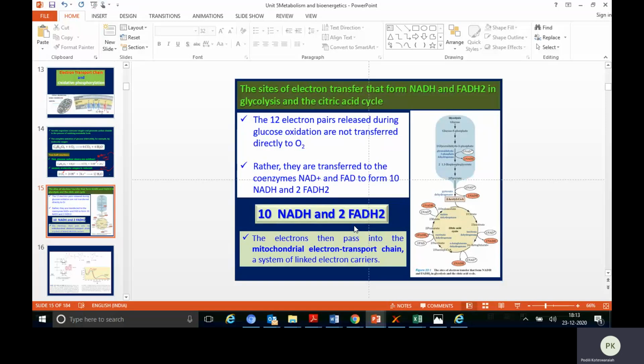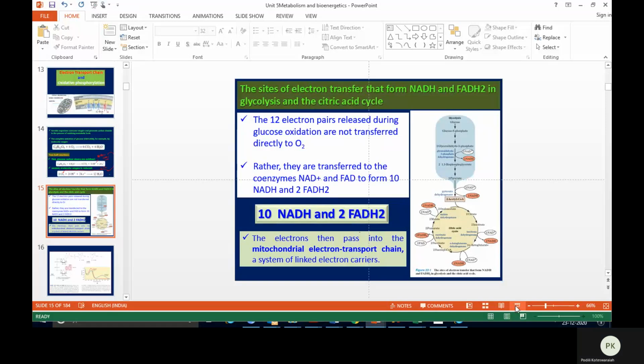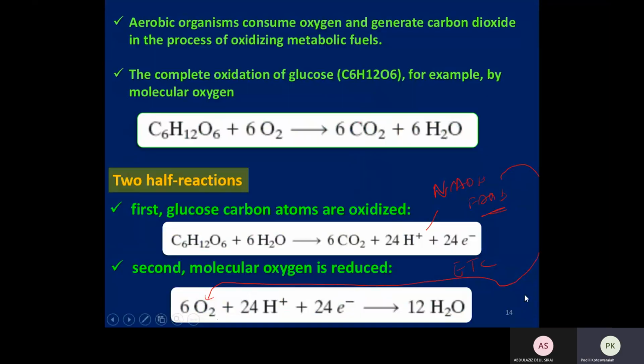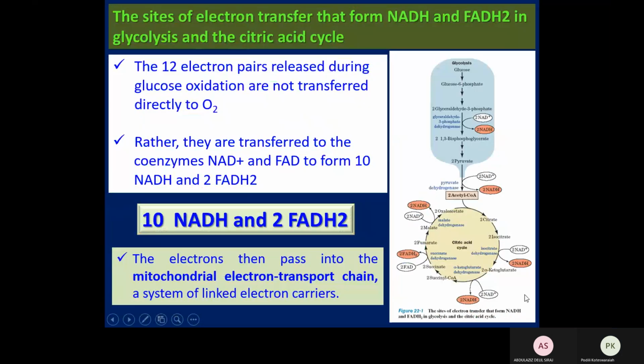Now coming to this one, we know that the glucose undergoes oxidation in glycolysis to pyruvate, and this pyruvate is further converted into acetyl-CoA by the pyruvate dehydrogenase complex.